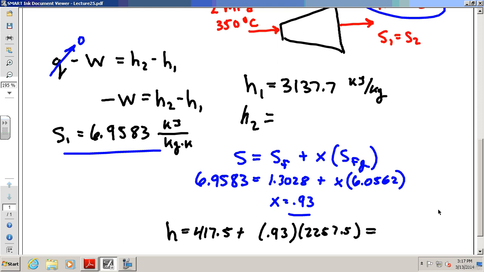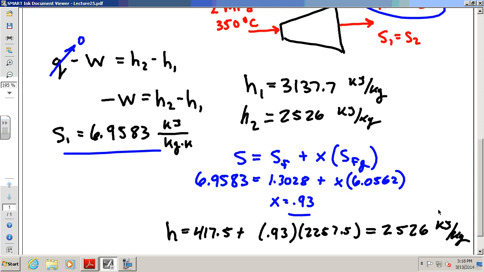If you work that out, 0.93 times 2257.5, plus 417.5, you get 2526 roughly kilojoules per kilogram. So that's H2, 2526 roughly kilojoules per kilogram.